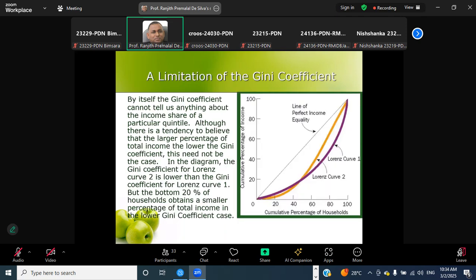Now, limitations of this Gini coefficient. By looking at the Gini coefficient, you don't know which quantile or which quintile has the issue.